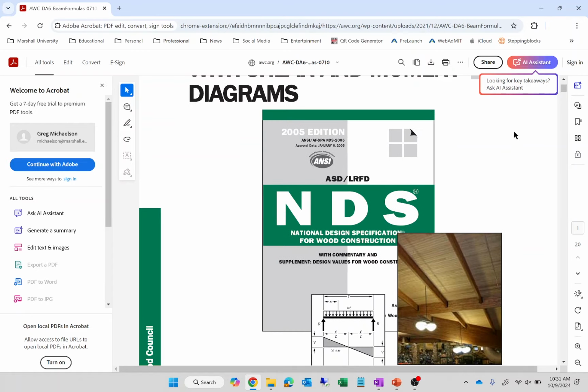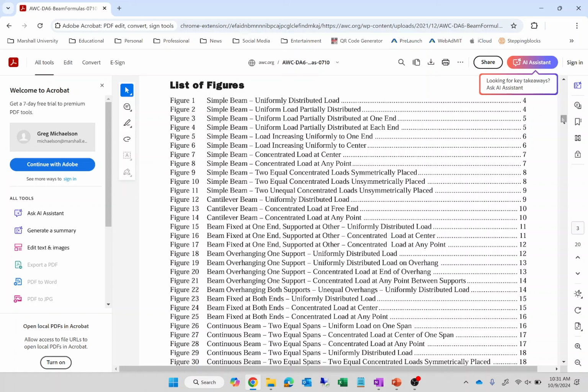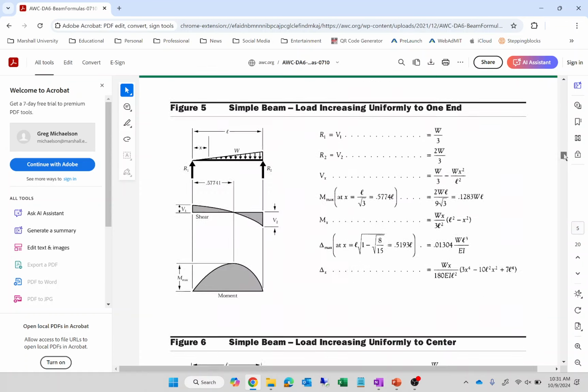Okay, so for example, if you look here in the table of contents, we have simply supported beams, we have concentrated loads at the centers, we have cantilever beams. Let's look at, for example, figure 12 on page 9. We're going to derive this here in a second.